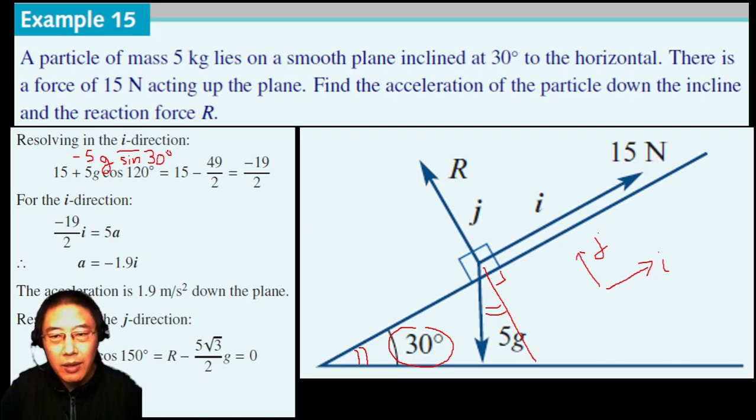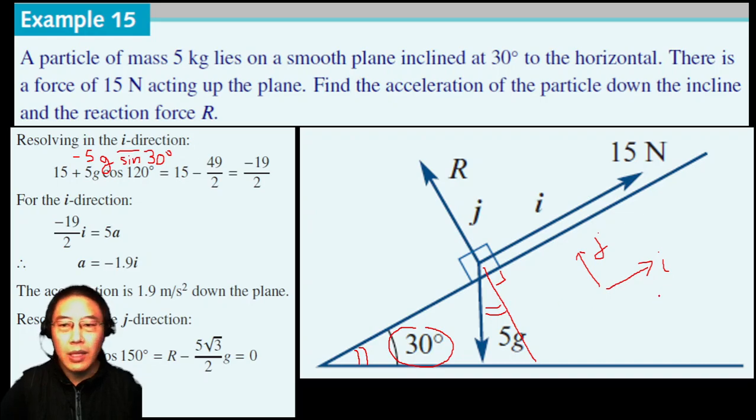Now, from our trigonometric properties in different quadrants, negative sine of 30 degrees is exactly the same as cos of 120 degrees. So really up to you.